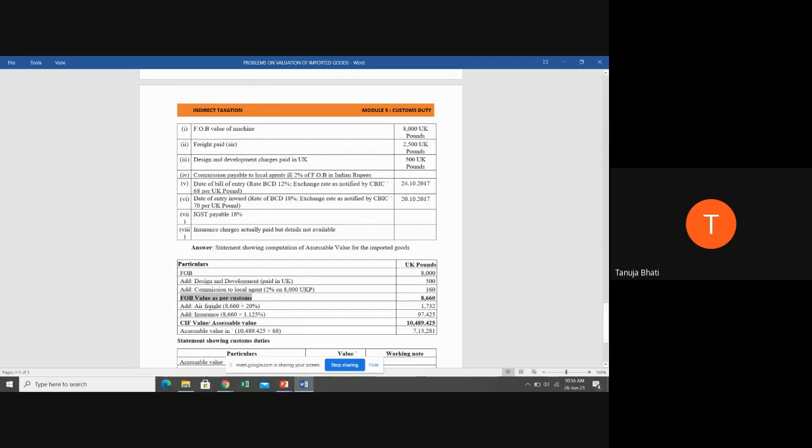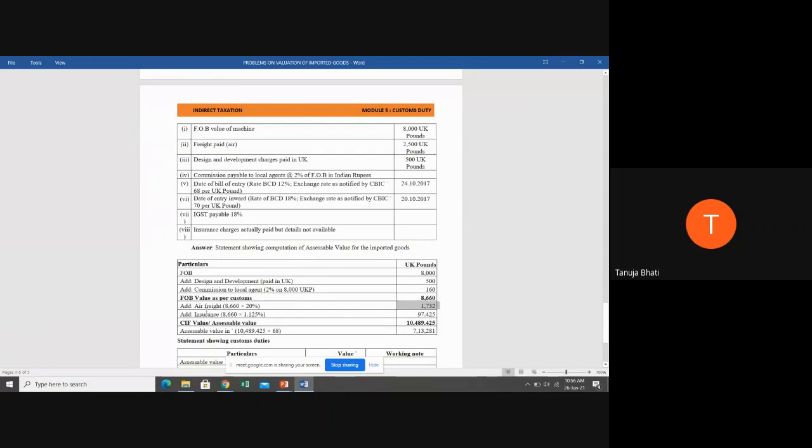Now next, add air freight. Air freight, what you have added? 20% of FOB value as per customs. So 20% of 8,660. Why have we taken this? Because if you compare the actual air freight, that is 2,500 into 68 rupees, or 8,660 into 20%, whichever is less, you have considered.